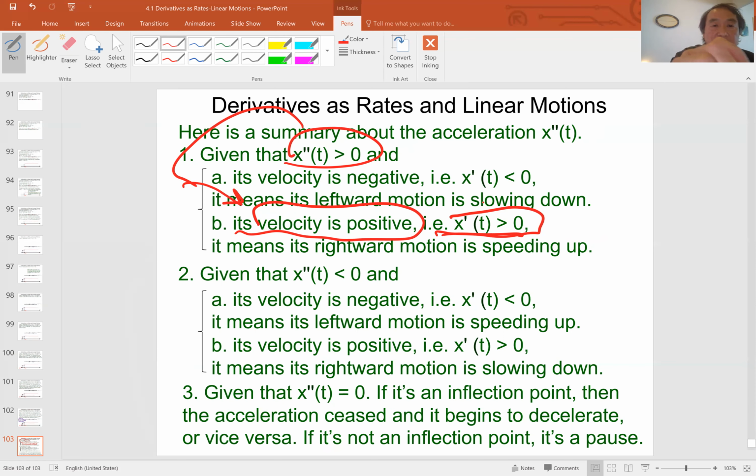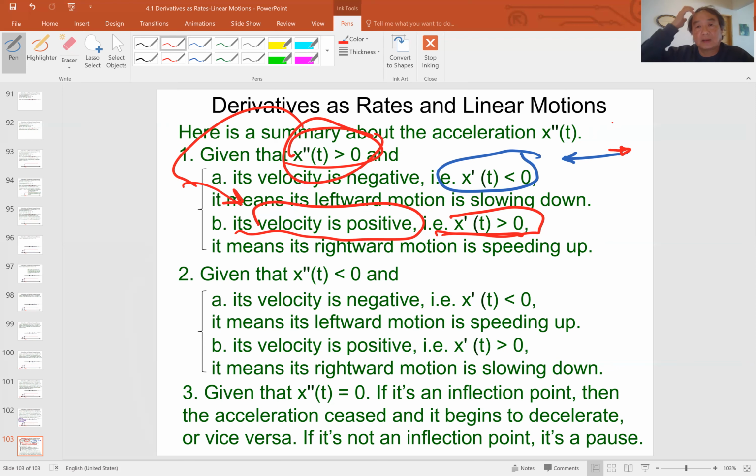But if the second derivative is positive, but the first derivative is negative, the first derivative being negative means the object is going toward the left. But the second derivative being positive means it is pulling the object toward the right. So in this case, the speed is slowing down.